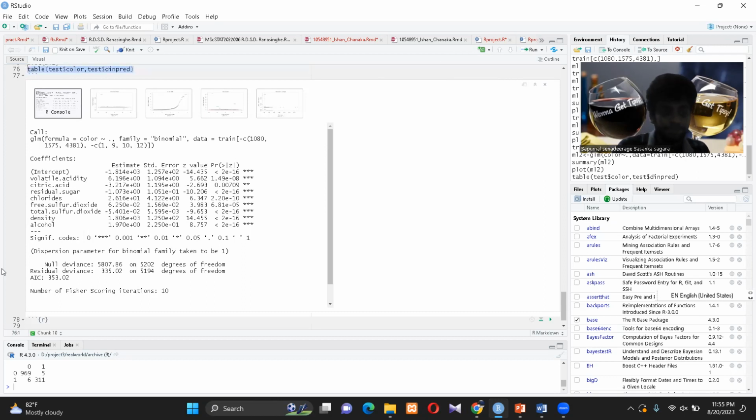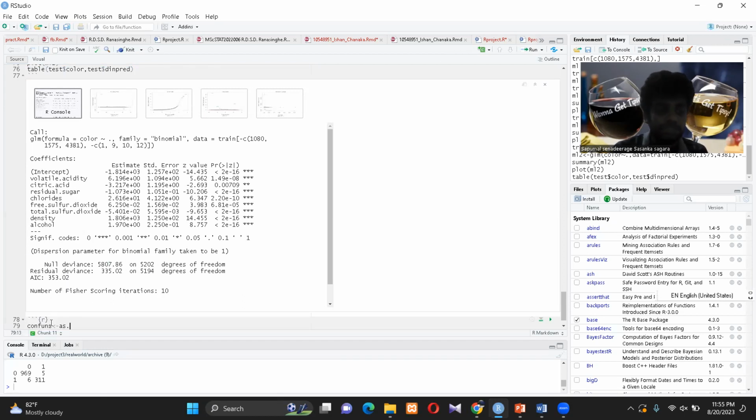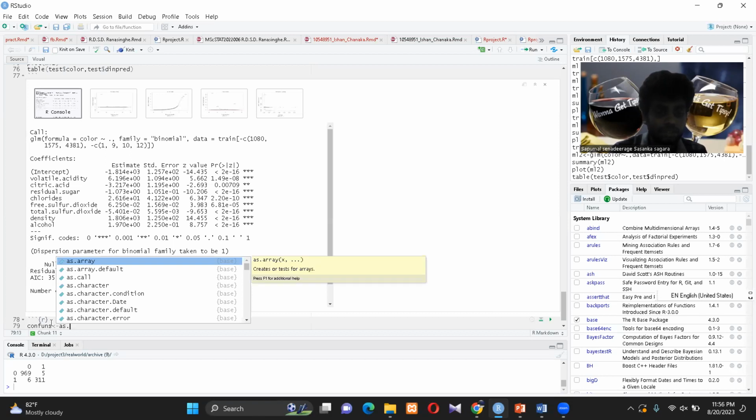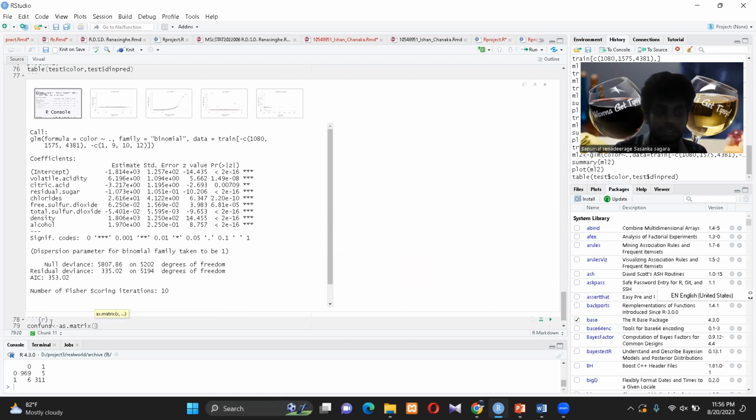Let me convert it into a matrix. Confusion matrix, as a table. No, keep the table, right?